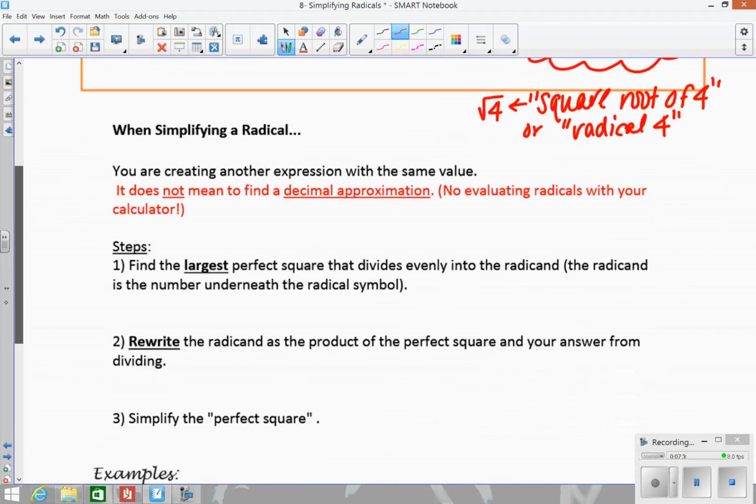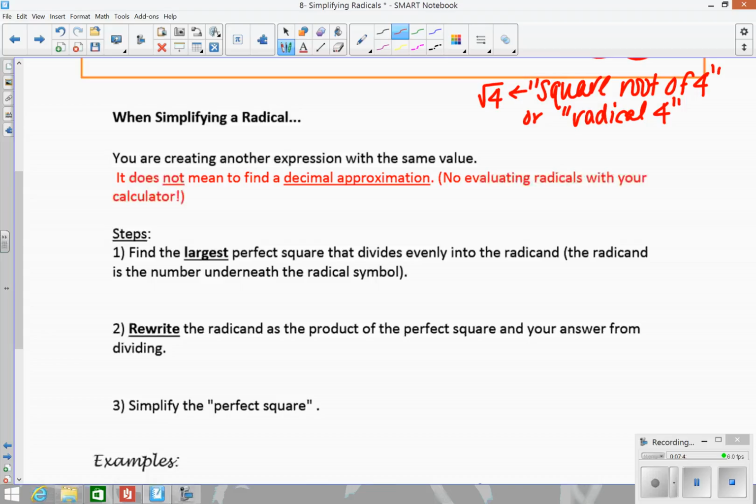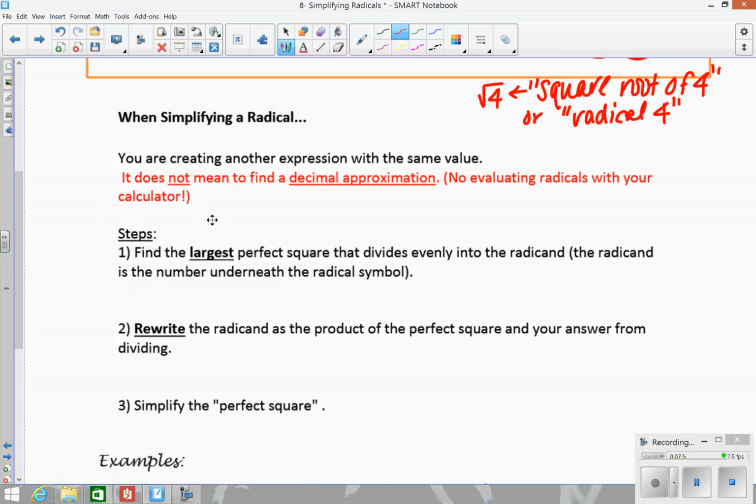Then the next thing is, how do we actually simplify? When we simplify, it doesn't mean to tell me a decimal as an answer. If I have the square root of 4 and I want to simplify that, it's just going to be 2 because 2 times 2 gives me 4. But what happens if I wanted to find the square root of 5? If you put that in your calculator, you're going to get a decimal. So the simplified version of square root of 5 is just the square root of 5 because you can't break it down any further.